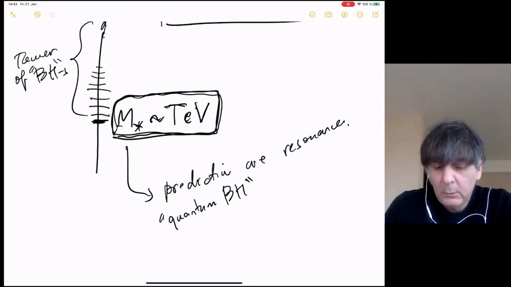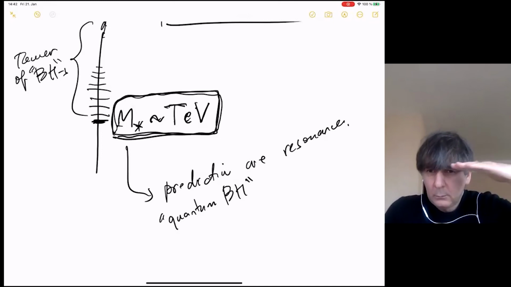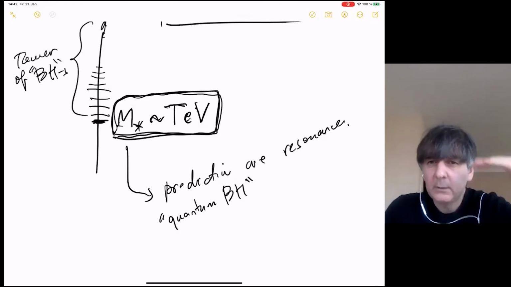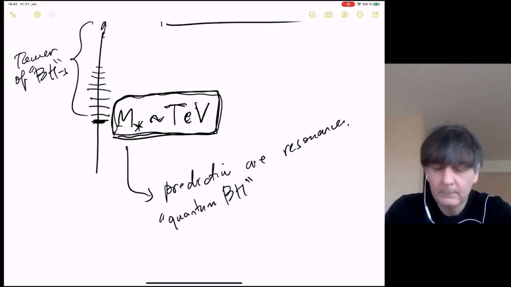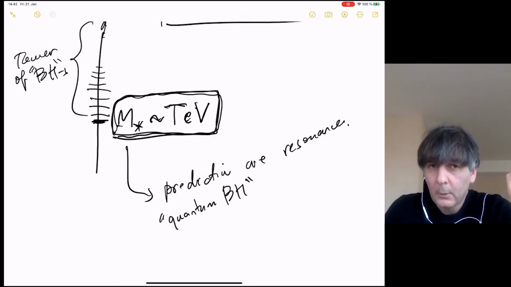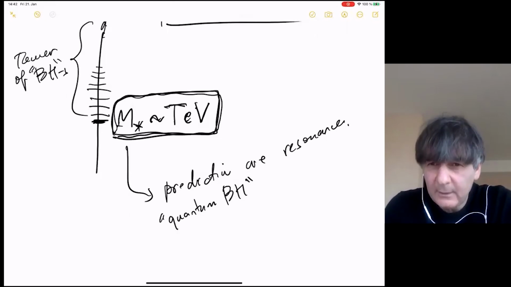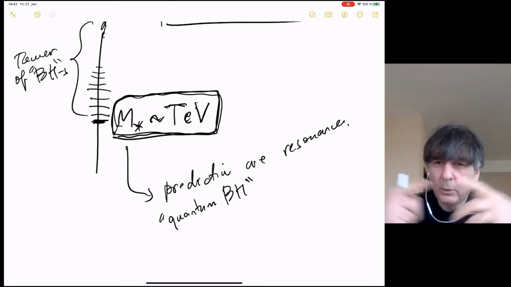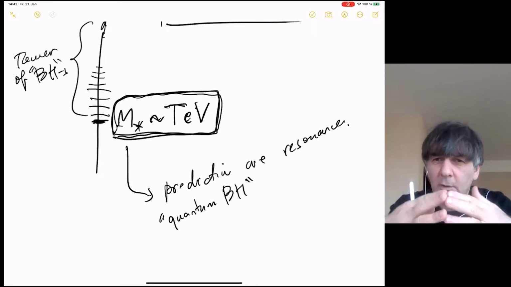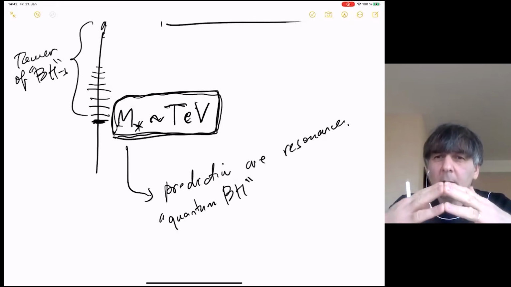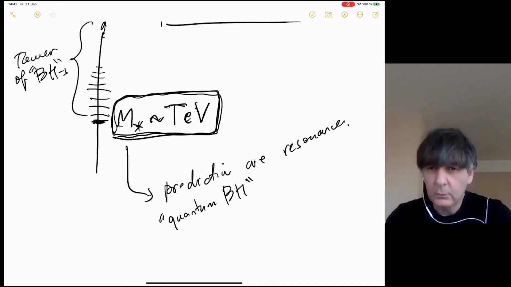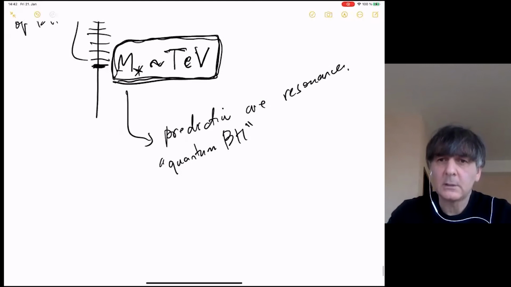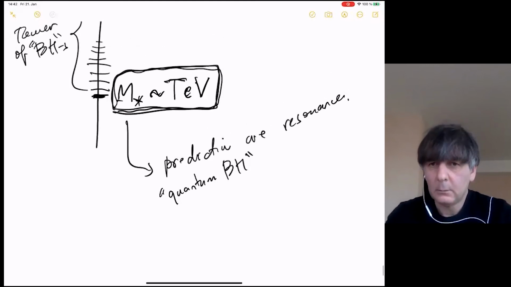Correspondingly, what will happen is that we'll see a particle, a resonance that will decay. Unitarity suggests that if we produce a resonance in a collision of two quarks, then the decay back into those that produced this resonance should be appreciable.